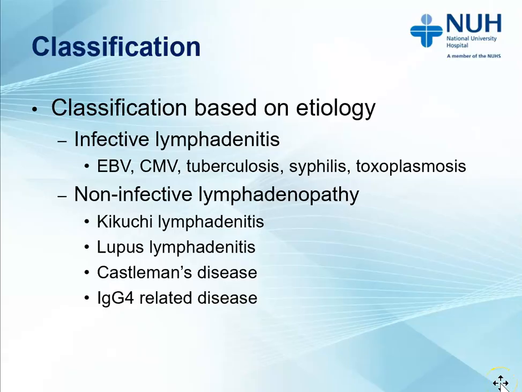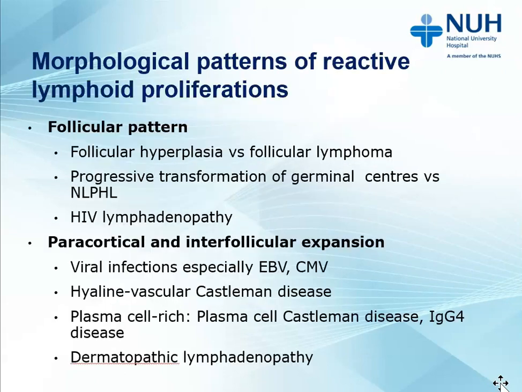We can classify reactive lymphadenopathies based on etiology into infective causes such as EBV, CMV, tuberculosis, and so on, and non-infective causes such as Kikuchi lymphadenitis, lupus lymphadenitis, and Castleman's disease, for example.